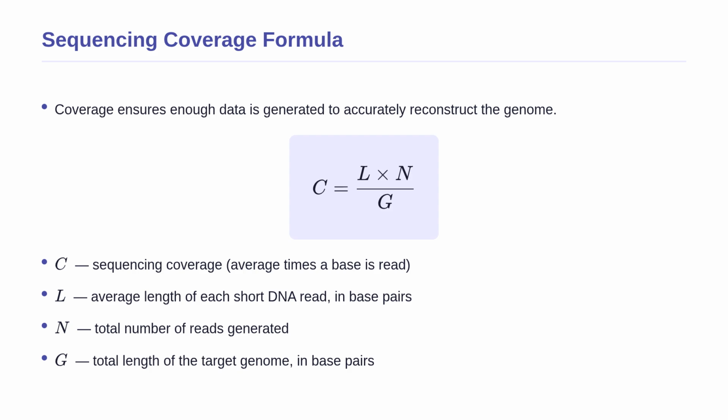L stands for the average length of each short DNA read, measured in base pairs. N represents the total number of reads generated. Finally, G represents the total length of the target genome. If you increase the number of reads, N, your coverage C increases, meaning you have much more confidence in your final assembled sequence.